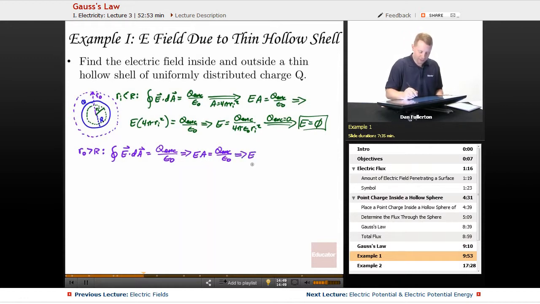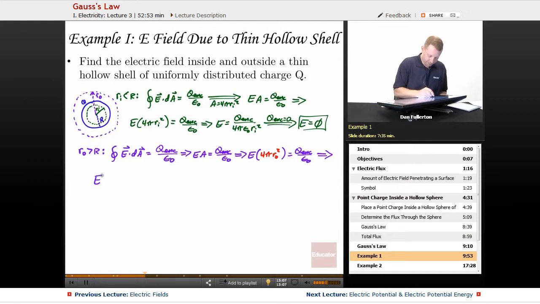The area of that sphere is 4 pi RO squared, which equals Q enclosed over epsilon naught, which implies that the electric field is Q enclosed over 4 pi epsilon naught R0 squared.